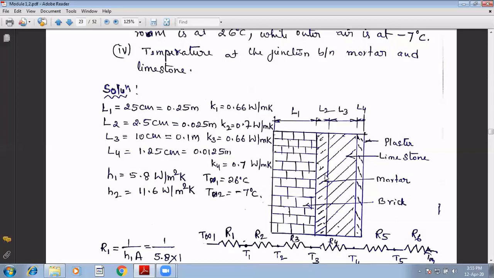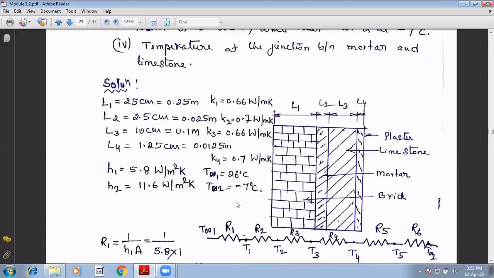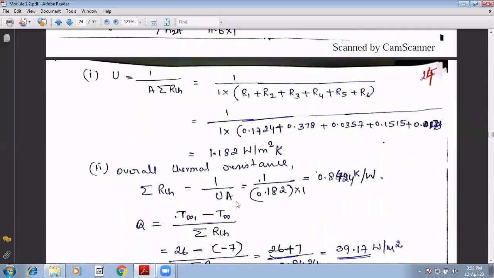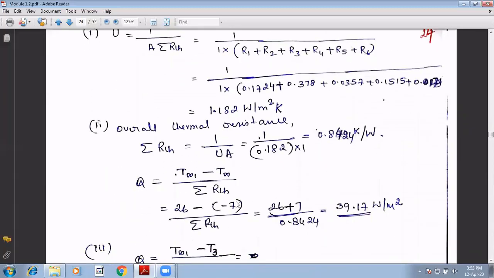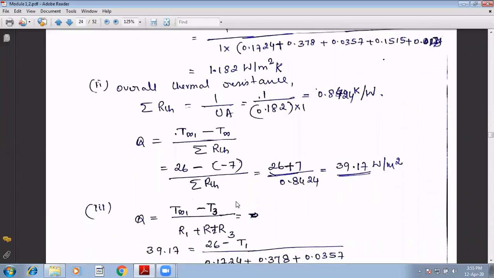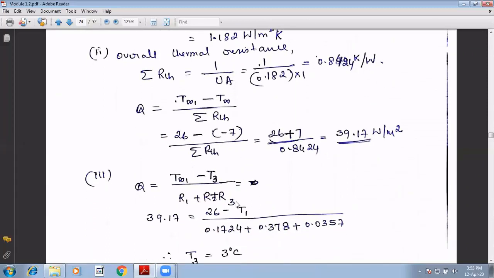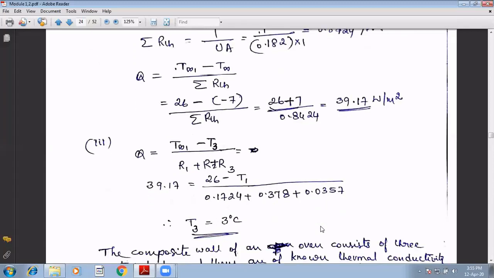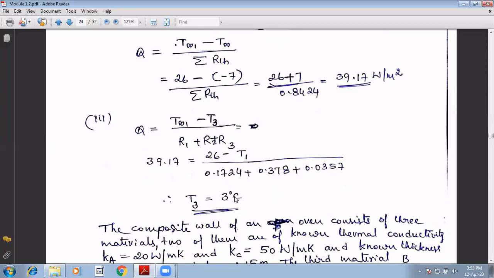So T1 minus the unknown temperature T, divided by these 3 resistances, should be equated to Q, and Q we calculated just now, 39.17. So we equate Q equals 39.17 and take the temperature 26 minus the unknown temperature T and divide it by these 3 resistances. Why these 3 only? Because they are the barriers for the heat flow at that point. So you get a temperature of 3 degrees Celsius.